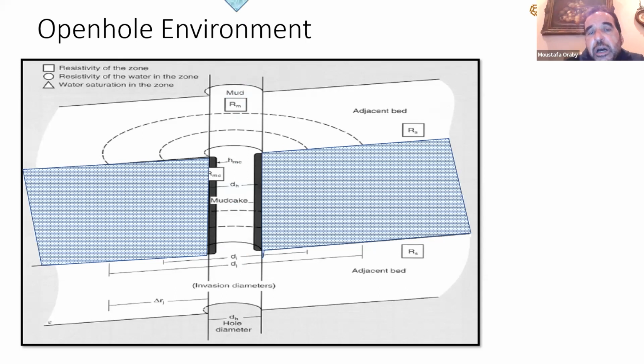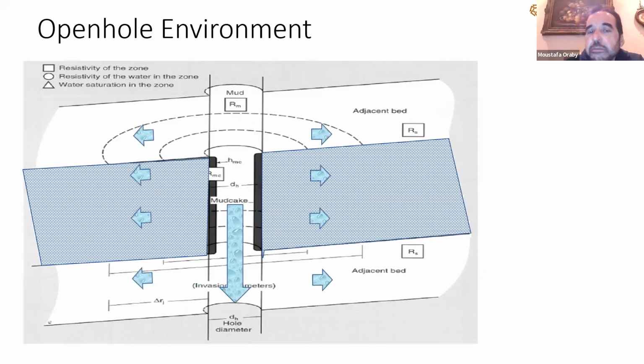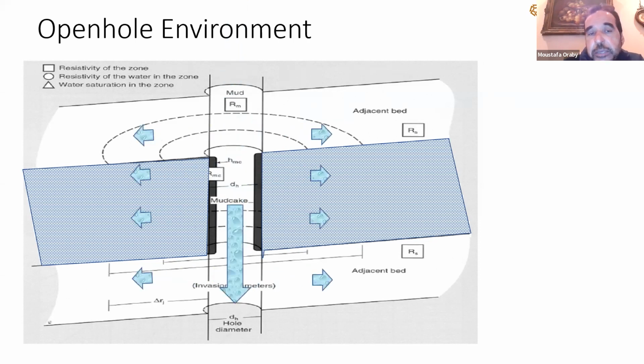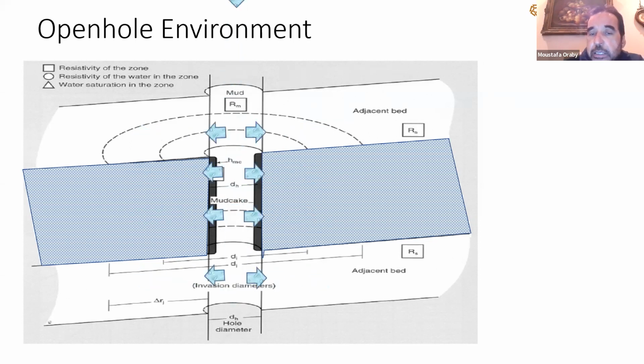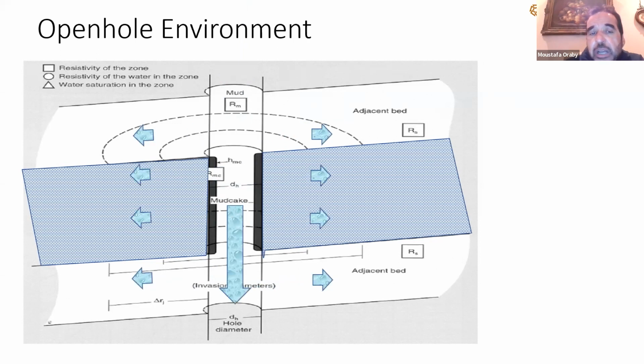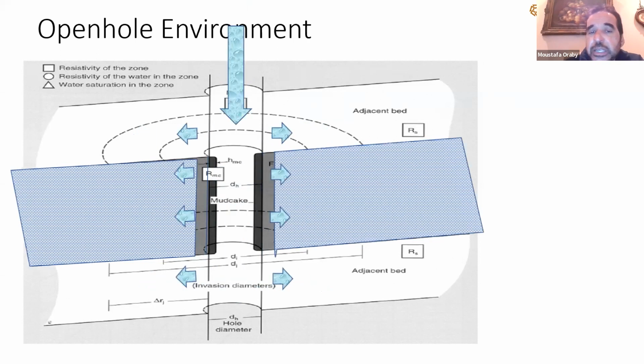So in this case, we slightly go higher than the pressure of the formation, and invasion will take place. Some of the filtrate of the mud will get into your formation. We have extra delta P between the borehole and the formation. So in this case, you will see something happening. That very nice formation doesn't exist anymore.